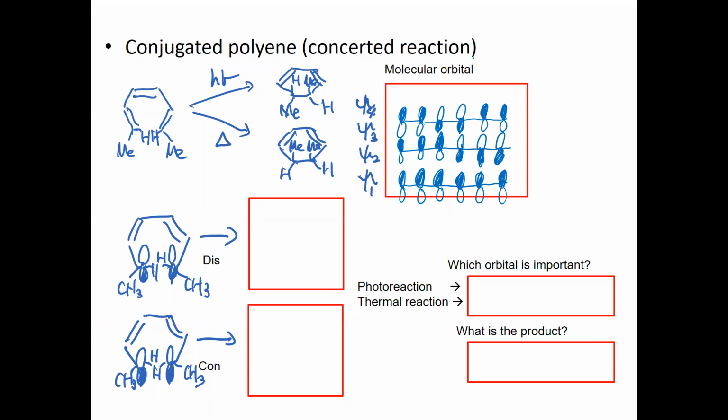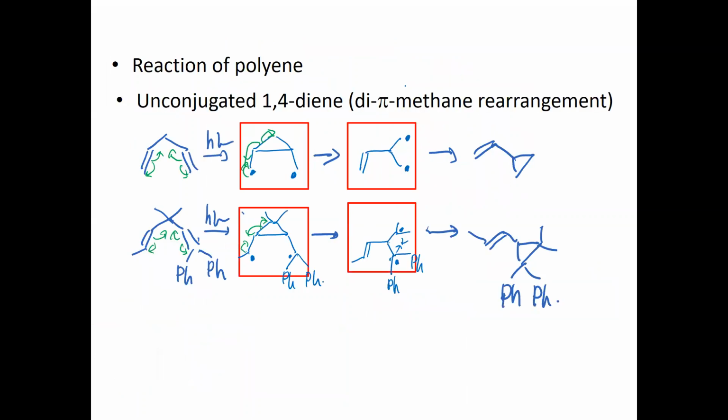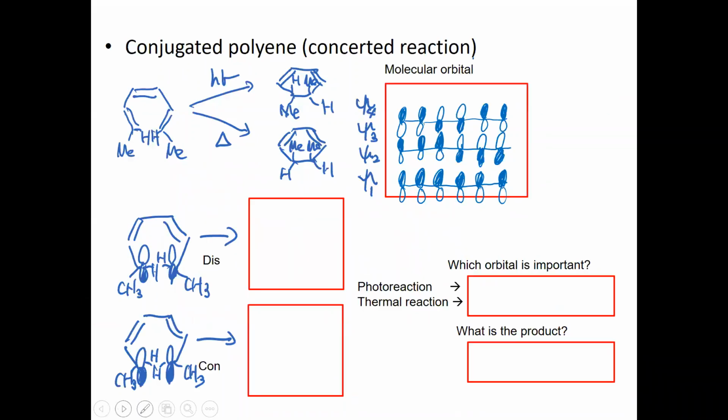And the fourth one will be 1, 2, 3, and 4 nodes, like this, right?